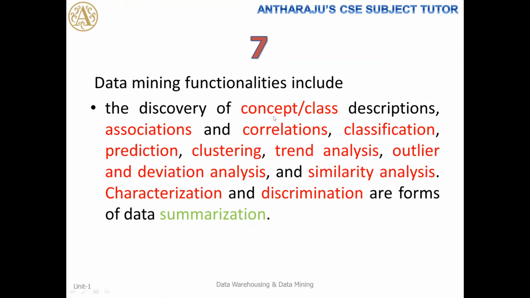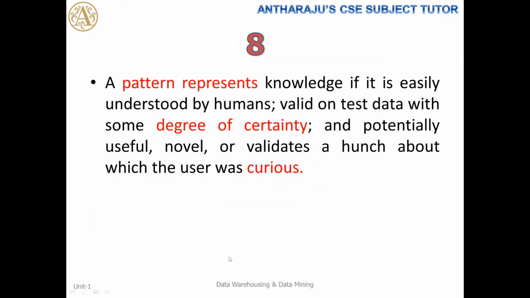So the discovery of class and concept, next, forming association relationships and correlation, obtaining classification, prediction, clustering, outlier analysis and trend analysis, and deviation analysis, and finally similarity analysis. These are the main functionalities we have studied in data mining. And finally, we can summarize the data with the help of characterization and discrimination. So this is the seventh point, which is very important.